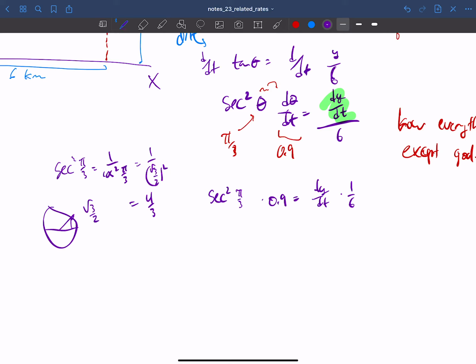Oh, it's a half. It's a half. I do apologize. That drawing was not helpful today. I think it's time for dinner. Oh, pi over 3 is up here. It's not down there. Yes, it's a half. Okay. So this is over a half down here.